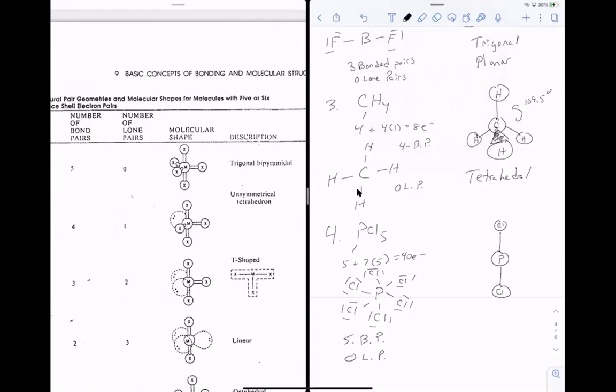Now I will warn you, I'll be drawing something in 3 dimensions here. Don't worry, this one's going to be away from us. There's a Cl. Oops. Okay. Public service announcement. We have an orbital coming out of the screen at us.